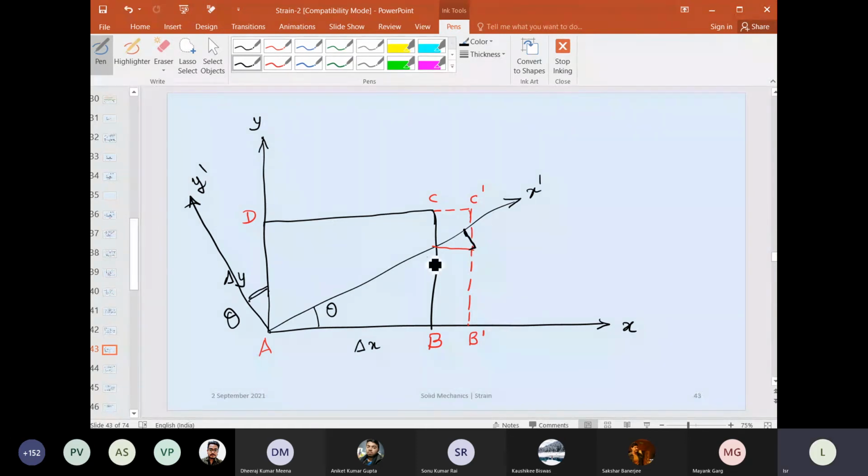Let us say we call this E, this E dash. You all know what this is: epsilon x delta.